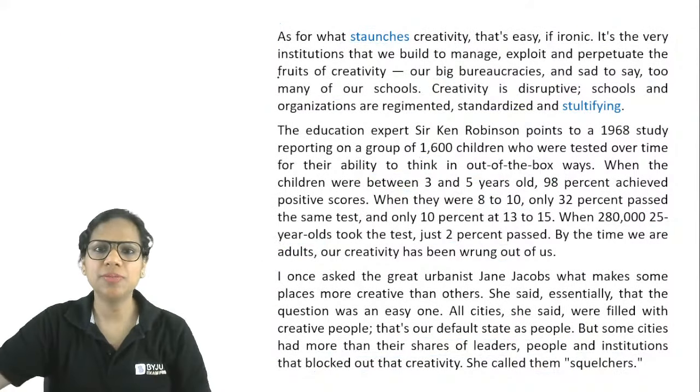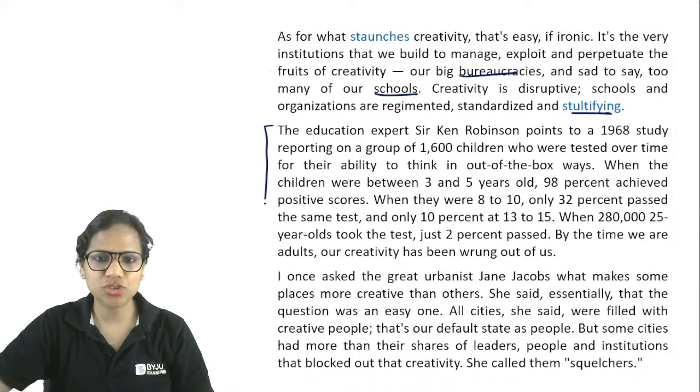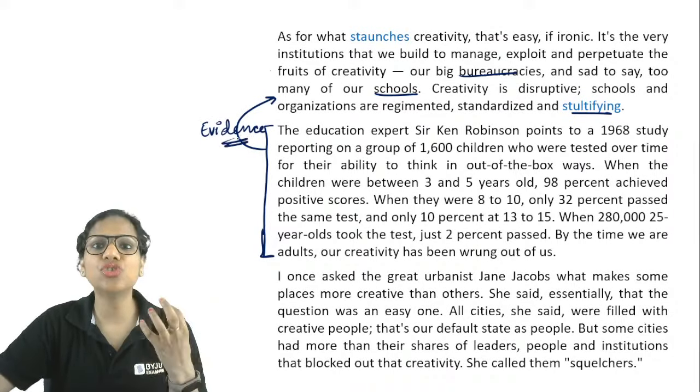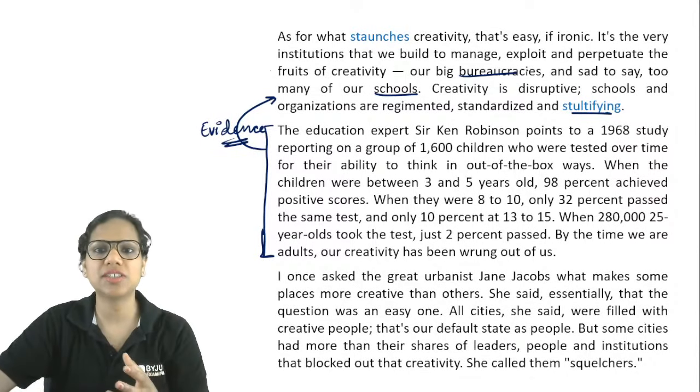So here, if you see, I first mentioned how certain institutions, bureaucracies, etc. are killing creativity, right? Then I mentioned this study. My whole point of mentioning this study was to give evidence. This study served as evidence. I was just strengthening, substantiating my point that schools, bureaucracies, organizations are actually killing creativity.